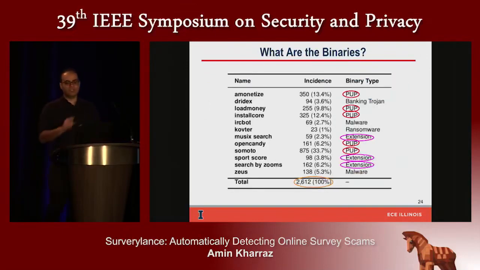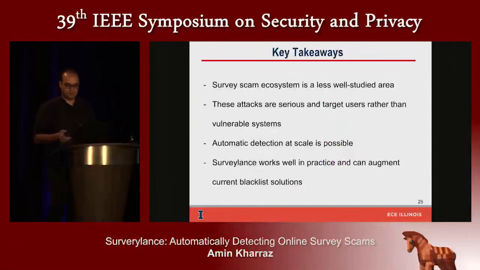And these are the corresponding family names for those binary types. You see potentially unwanted program, malicious extension. We saw ransomware and banking Trojan, but they were not observed significantly compared to the other cases that we had.